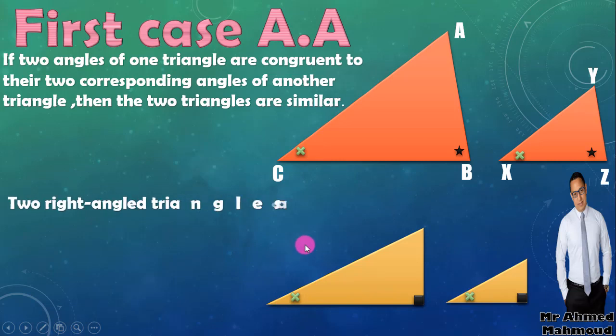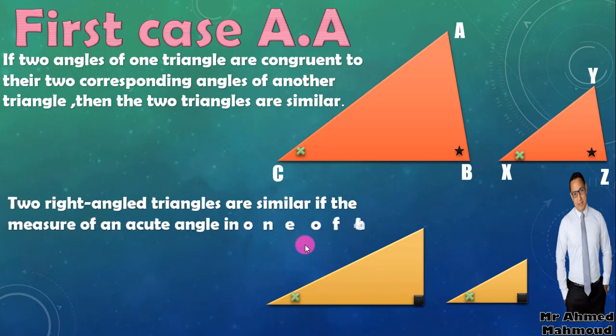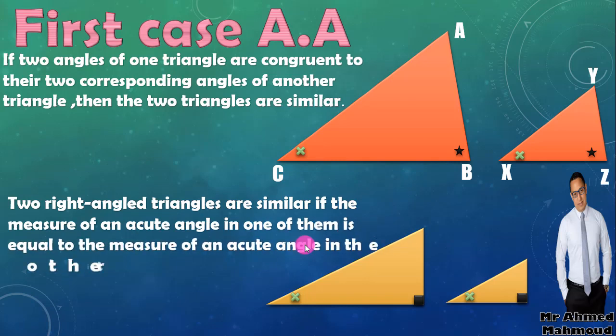This is a special case. Two right-angled triangles are similar if the measure of an acute angle in one of them is equal to the measure of an acute angle in the other triangle.